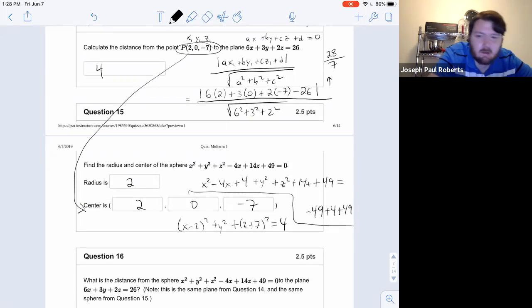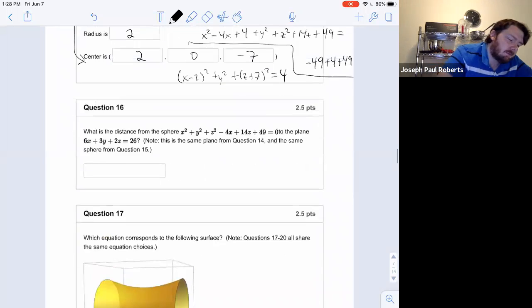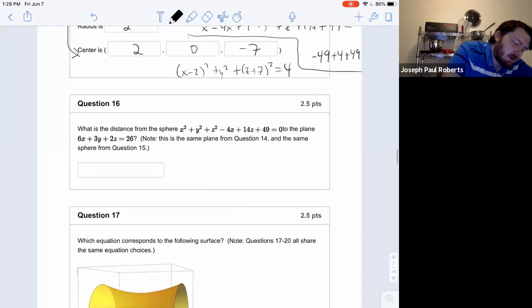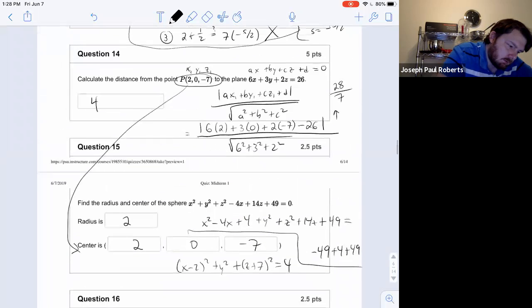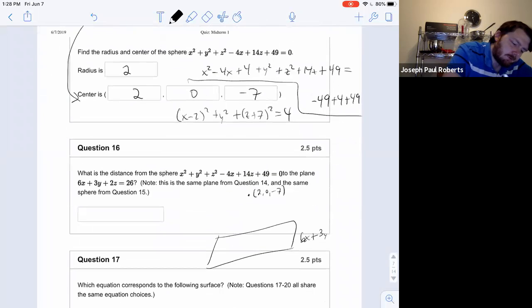So it looks like a lot of stuff is pretty related here. The picture you want to have in mind is you have our plane, we have our point (2, 0, -7), and this is 6x + 3y + 2z = 26.